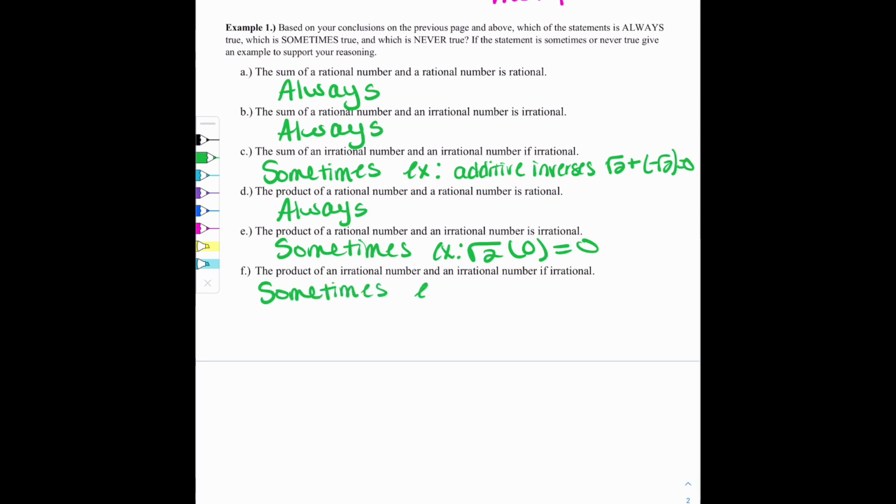We have the example of square root of 5 times square root of 5. That was equal to 5, which is a rational number. Or we could have square root of 2 times 1 over square root of 2, which would be 1. So we're seeing that we can get a rational answer from that situation. Okay? And that concludes your lesson on sums and products of rational and irrational numbers.